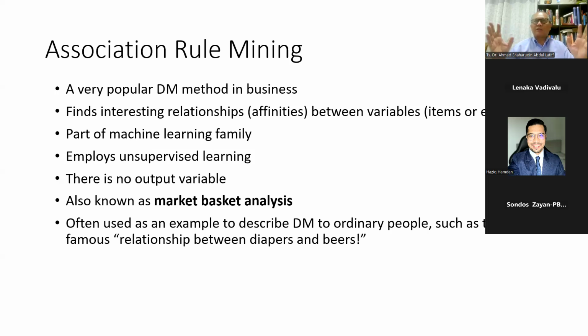We have instances of these entities, and then we look into the relationship between variables. It is part of machine learning, but it is unsupervised machine learning because there is no target.